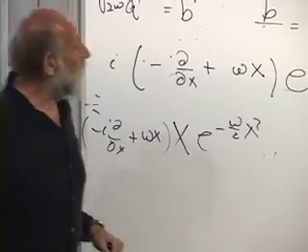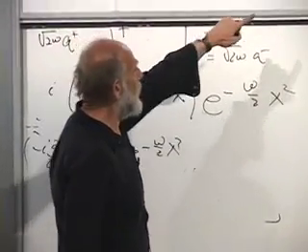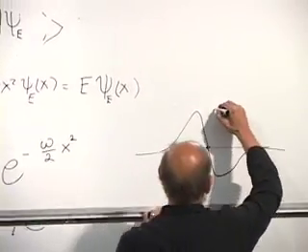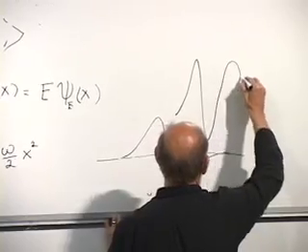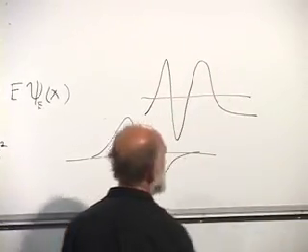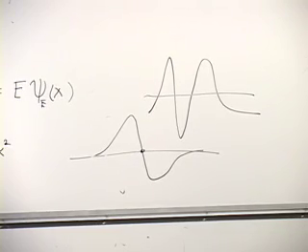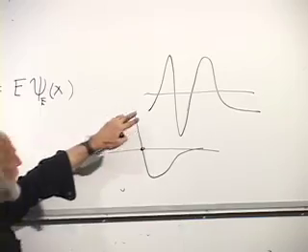Each time you hit it, you create another 0. The next one would look something like this, with 2 zeros, the Gaussian times a polynomial.